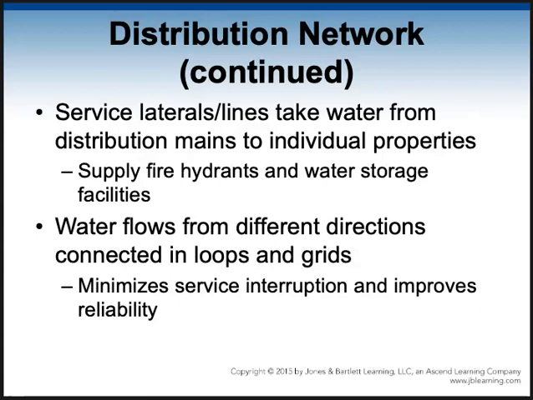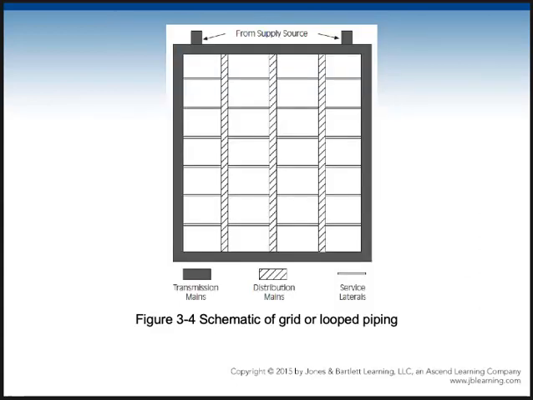Now the water flows from different directions, like I said, in loops and grids, and this minimizes the interruption and it makes it easier to repair. So if you look at this diagram, this is typical of a community, and as I said, this plumbing will be under the streets, but notice how it's all looped and everything's connected.